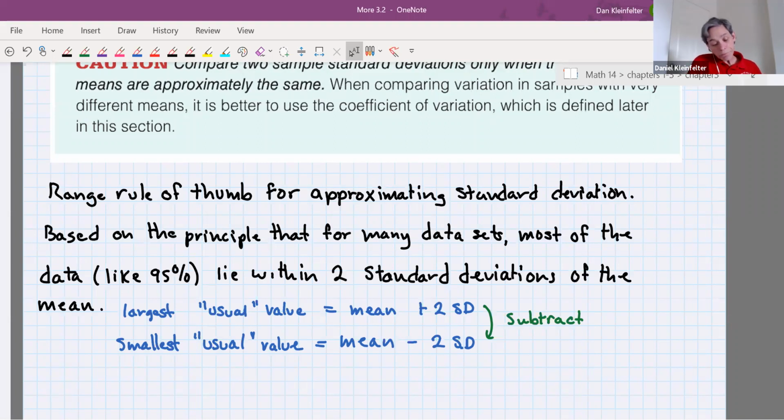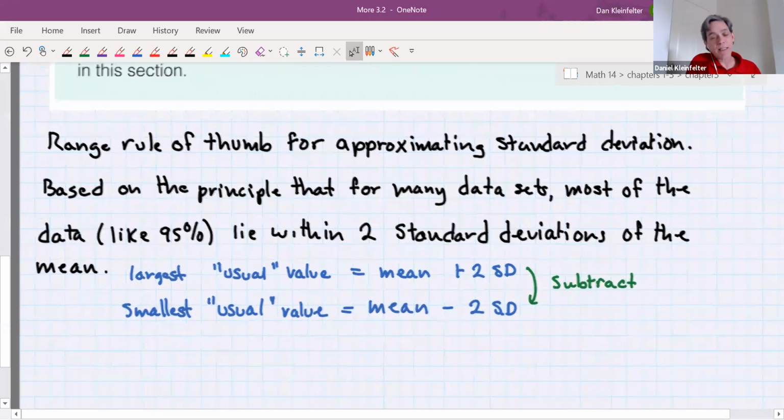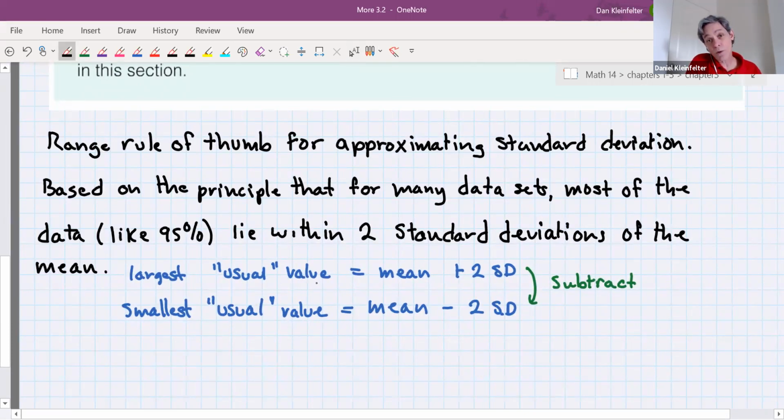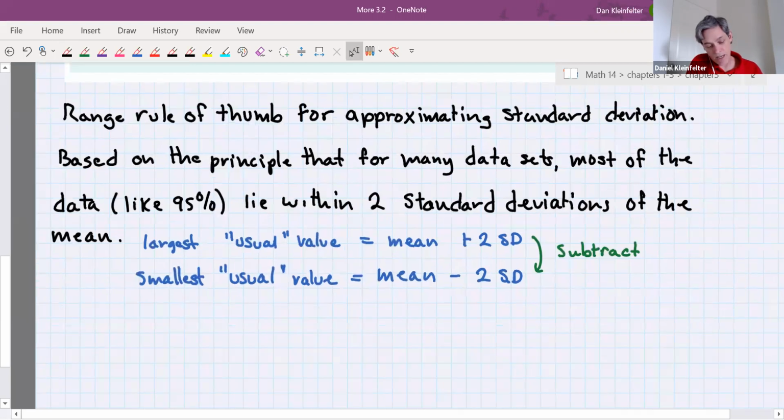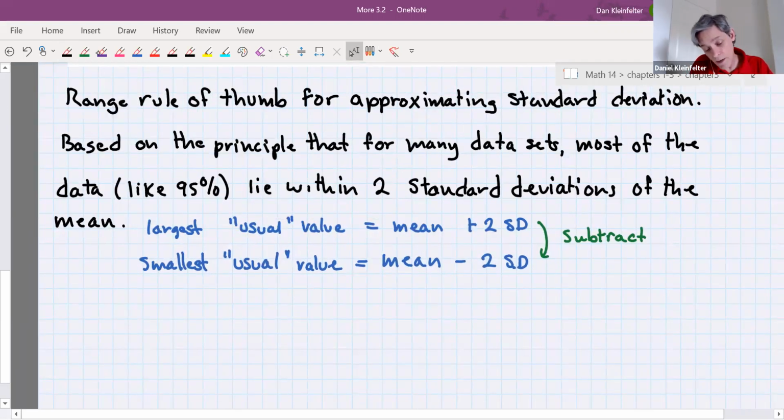And that's true for a lot of data sets, as it turns out. So a way to put this in algebra-like format is to say that the largest usual or typical value you might see is the mean plus two standard deviations. And the smallest usual or commonly occurring value might be the mean minus two standard deviations. Another way to think about that: let's say we had a number line with the mean sitting on it.